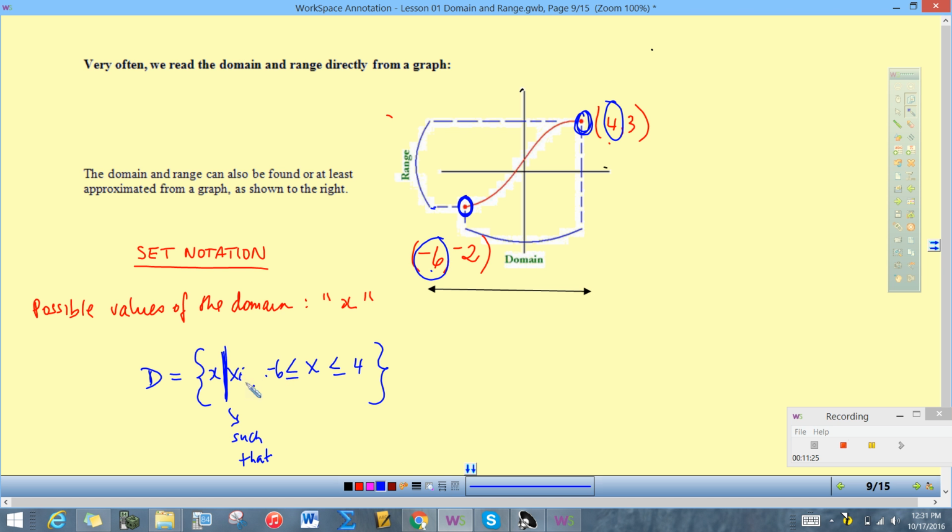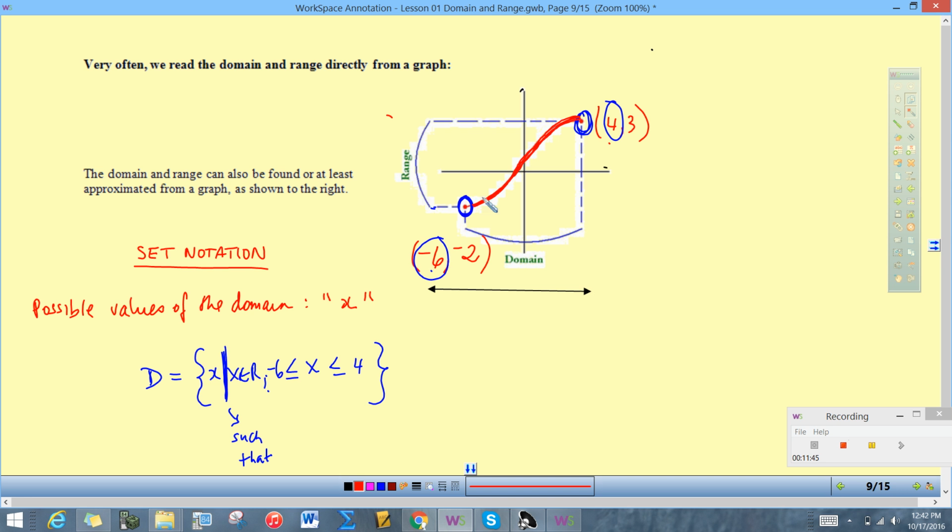Now, why do I say that it belongs to R? I say that it belongs to R, or the real numbers, because I have a solid line here. The red curve that I have here is a solid line, meaning that every number between -6 and 4 is included.